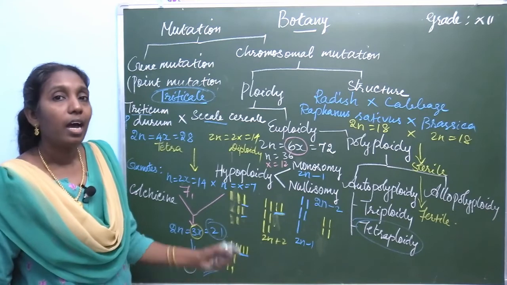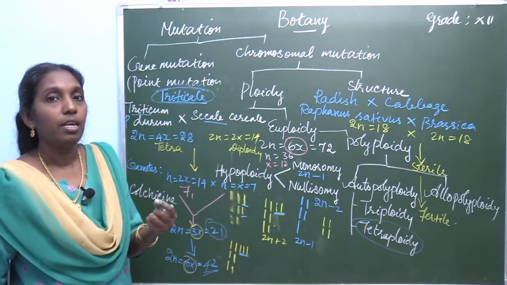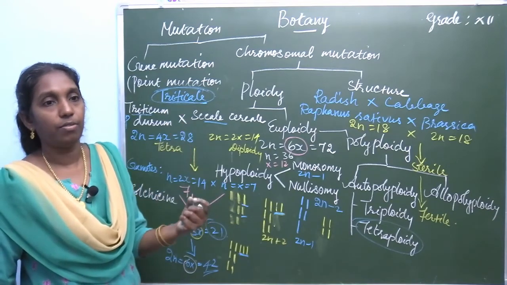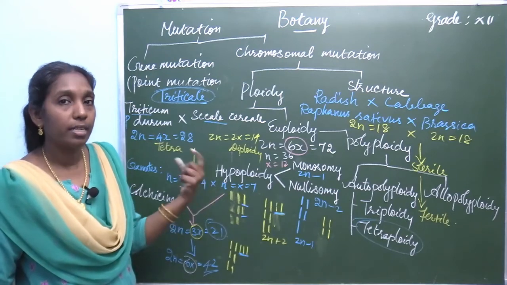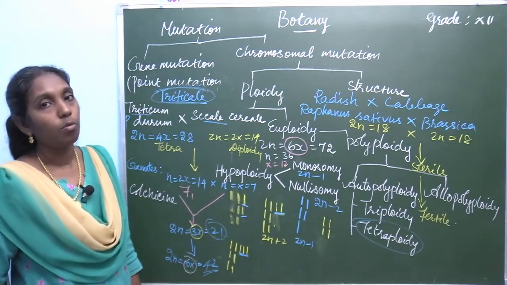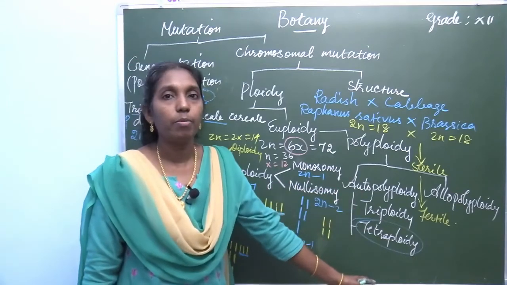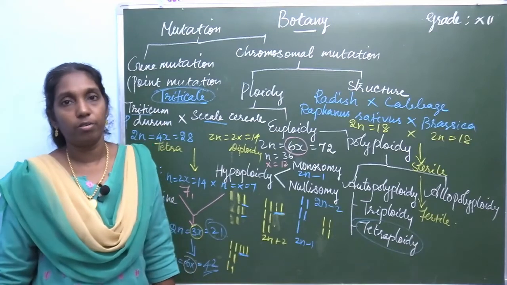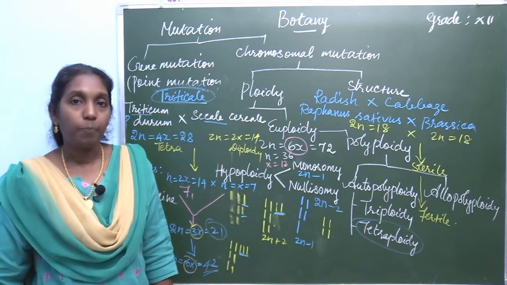The height and weight of the seed, the height of the plant, the water content and sweet content all increase by doubling the chromosome number. That means all these techniques are involved in improving the variety qualitatively and quantitatively. So it leads to the evolution of plants.